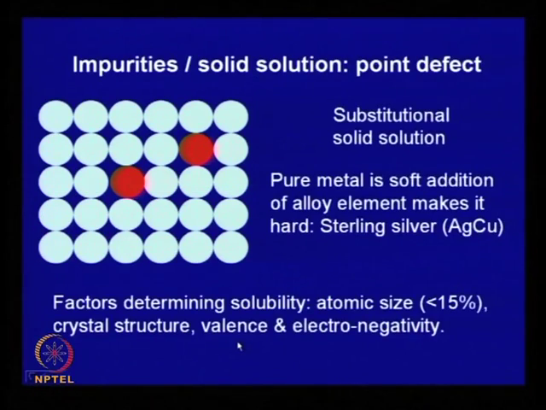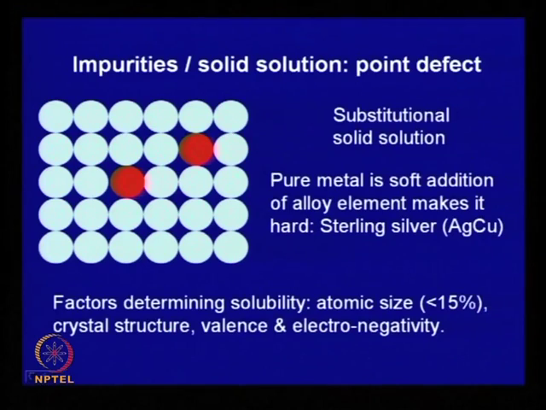Now, there can be another type of point defect we can think about. We often mix metals, which is known as alloying, and the primary purpose of alloying is to improve properties. Like we know silver is very soft, and if you mix it with a little amount of copper, it makes it hard, which is actually known as sterling silver.